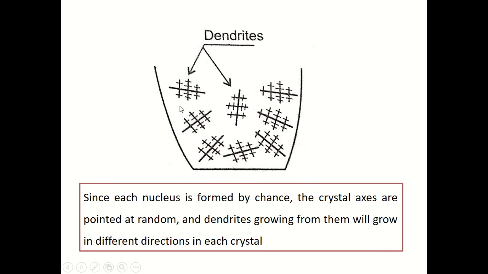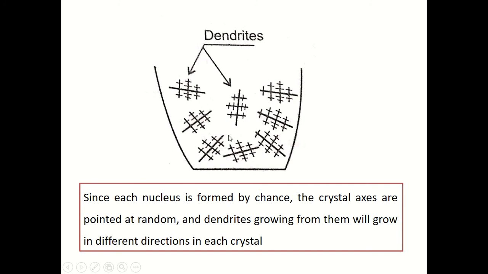The initial product is nothing but the nuclei formed, and each nucleus is converted to a crystal by adding more and more atoms. Taking the infinite number of such crystals, you can see that all the crystal axes are pointed random.